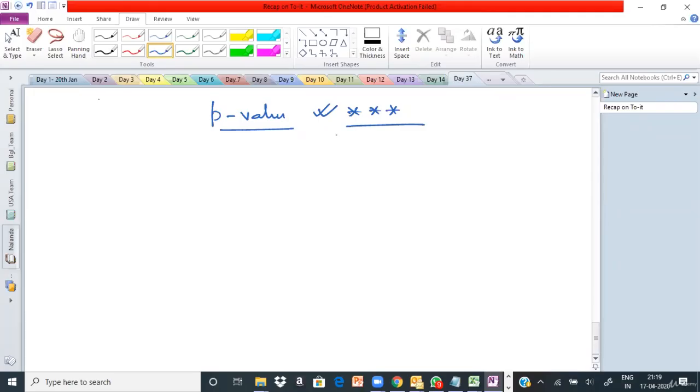Okay. In p-value, it's very simple. What you do here, you say it is about the probability of the null hypothesis, that is your H naught, being accepted.